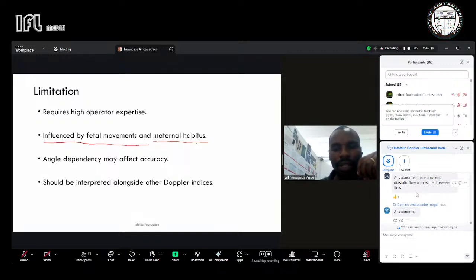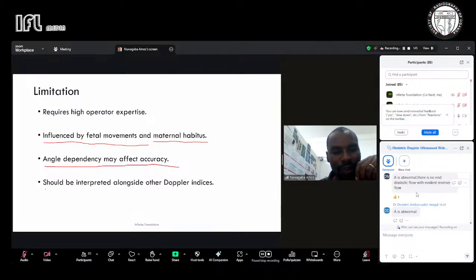And sometimes you need to ask the mother to probably turn to either the right or the left, so that you are able to pick the right vessel and get the right angle. It is, of course, angle dependent, and that's why we emphasize that it should be less than 30, and we know that the velocities are angle dependent, as we saw in the physics.